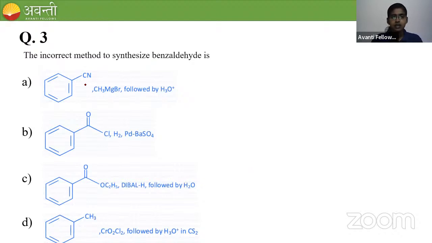So we have cyanobenzene. Cyanobenzene is first reacting with CH3MgBr. This is the cyanobenzene, C triple bond N, and it reacts with the Grignard reagent CH3MgBr, followed by hydrolysis.